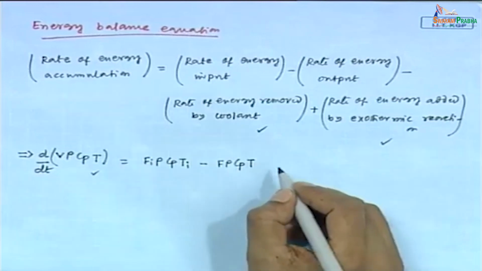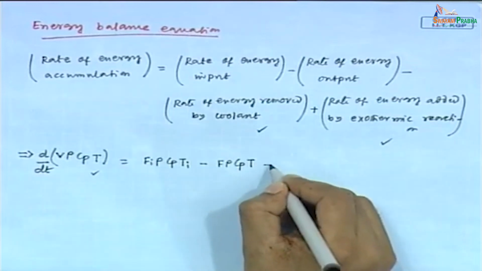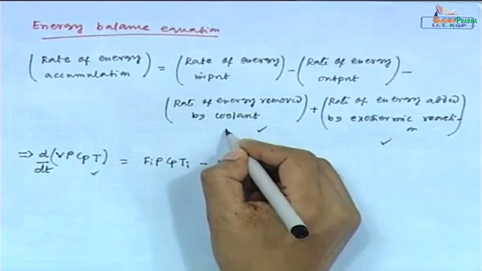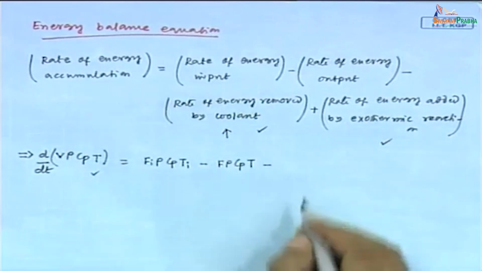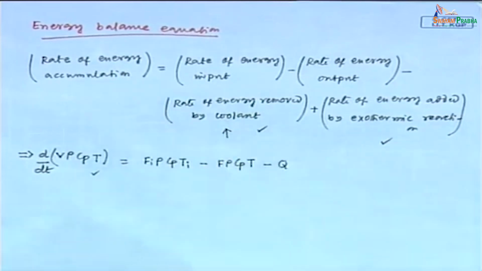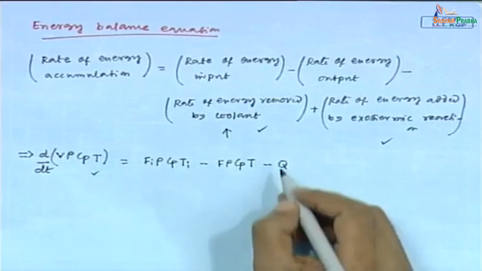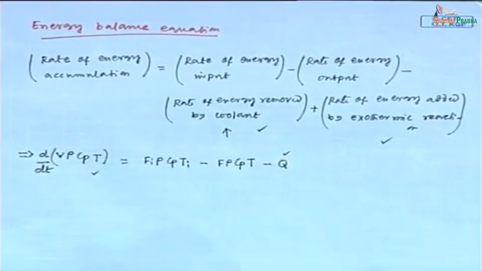Now, rate of energy removed by the coolant, this one, we will represent by Q. Energy removed by the coolant is represented here by Q. What is Q? How can we calculate Q?